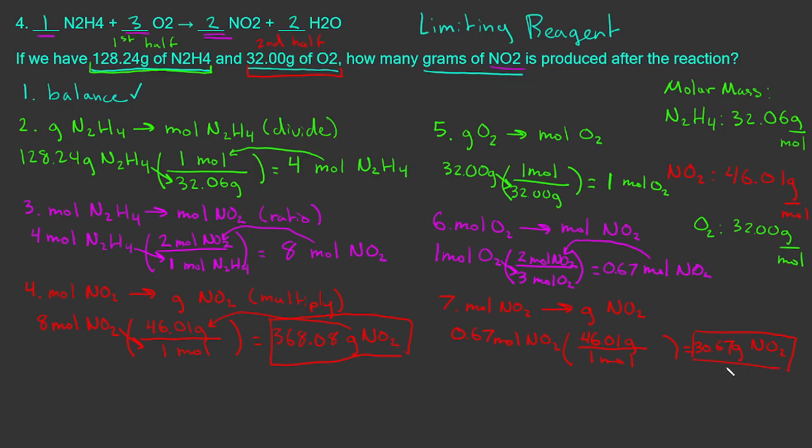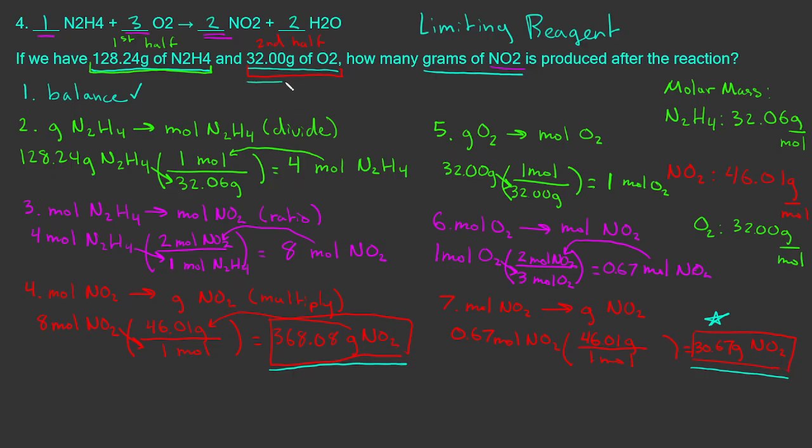And so now we have two different values, right? I'm going to do this once again in a different color. Let's go back to our blue color. We have this value right here of 368.08 grams of NO2. And we also have 30.67 grams of NO2. And so the correct answer is always going to be the lower of the two values. So this one right here is our actual final answer. What we describe as the limiting reagent is the compound that results in the lowest amount of grams.